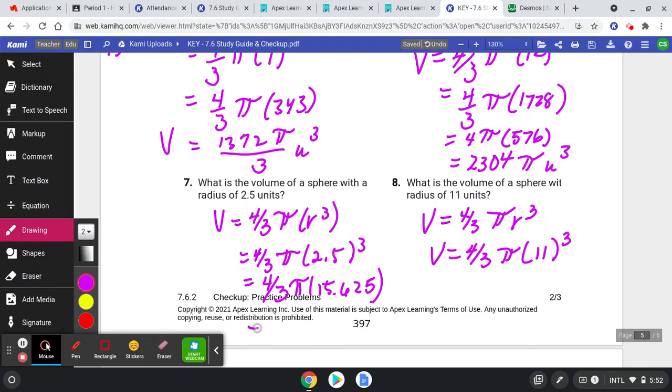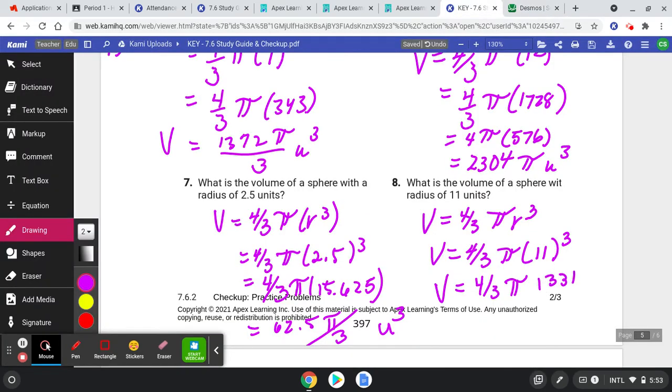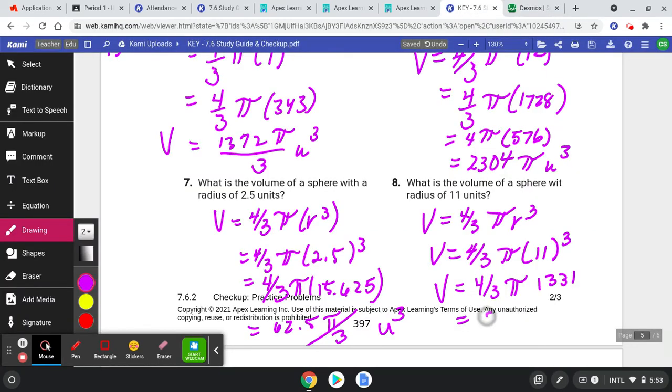That's 62.5 pi over 3 u cubed. 11 to the power of 3 is 1331 times 4, 5324 u cubed.